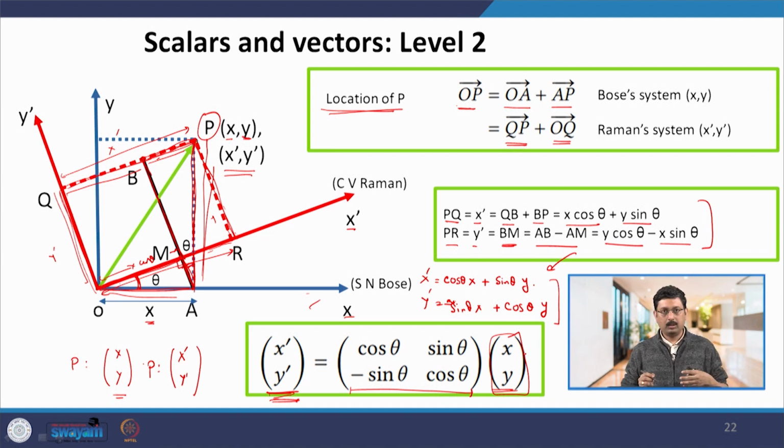Now, let us try to understand what did we do here. So, what we do here is that we know physically that the position of point P and point O are fixed.